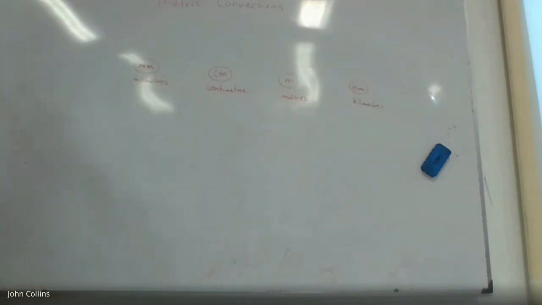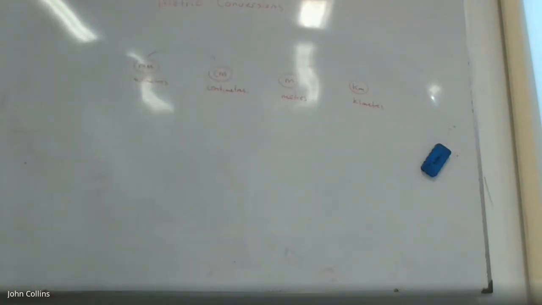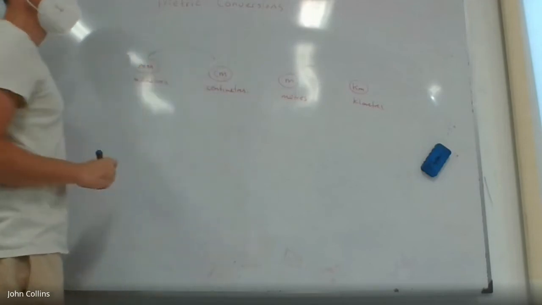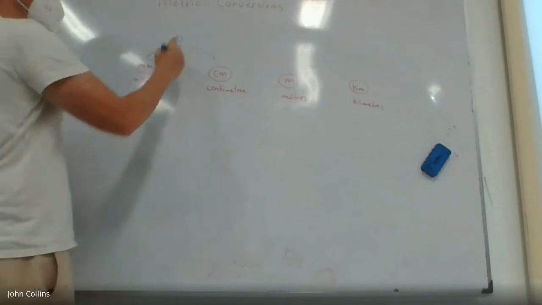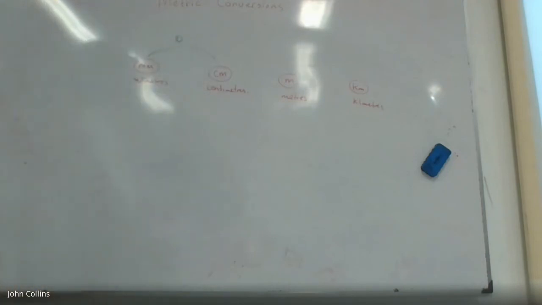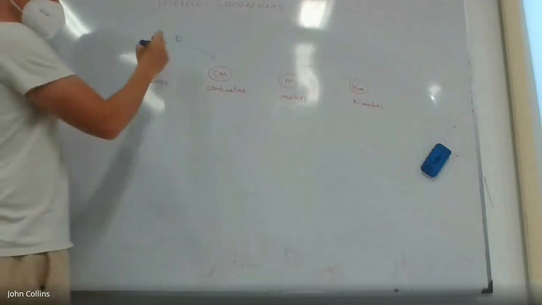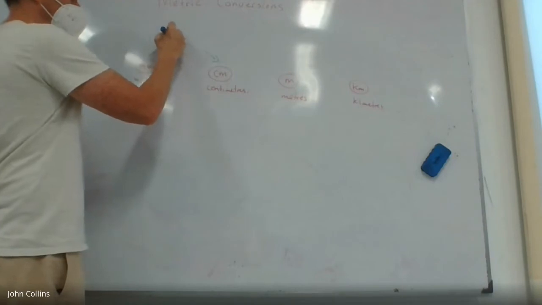Let's get a blue pen. Conversions. So how many millimeters are in a centimeter? How many millimeters in 1 centimeter? 10. So if I want to convert from millimeters to centimeters, what do I do? Divide by 10? Yes.